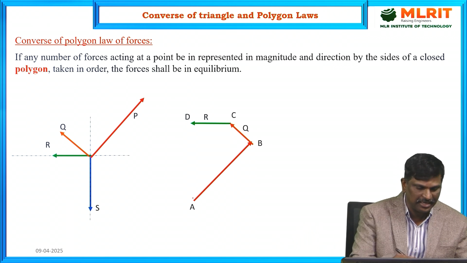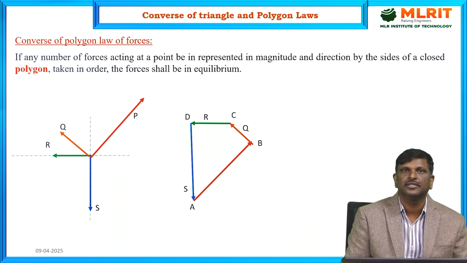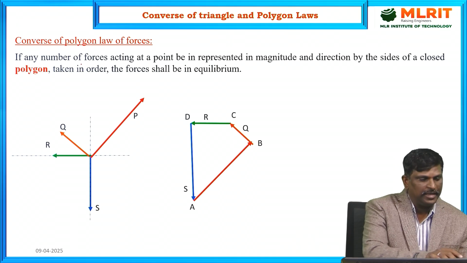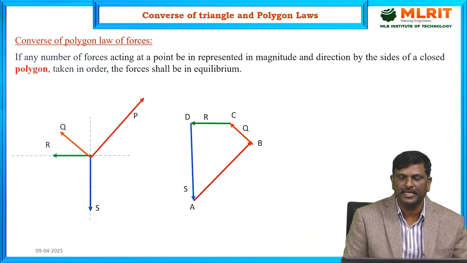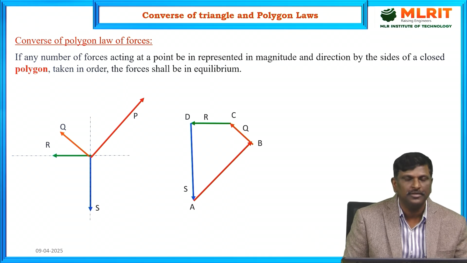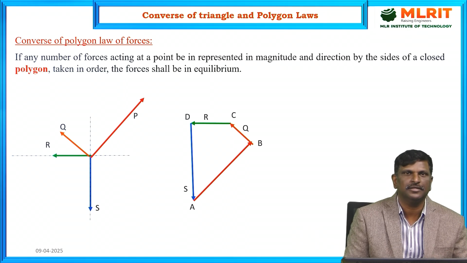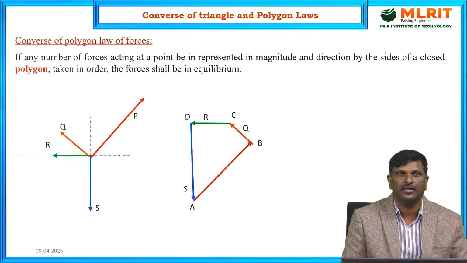The last side will come and join with the first point. So any number of forces acting at a point can be represented in magnitude and direction by a closed polygon taken in order when the forces are in equilibrium. This is what the converse of polygon law says.